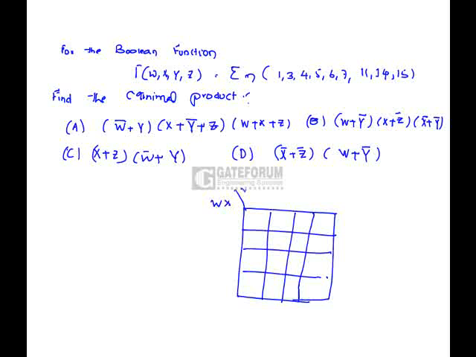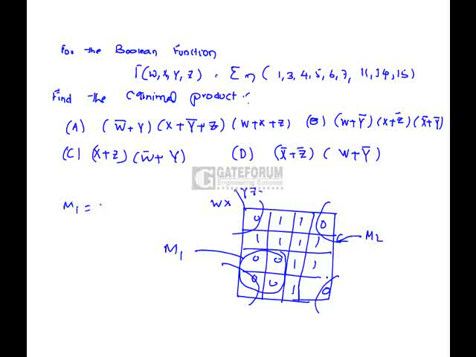This is WX, YZ, with the zeros at 1, 3, 4, 5, 6, 7, 11, 14, 15. So we have to group this. There are two max terms. This is M1, this is M2.